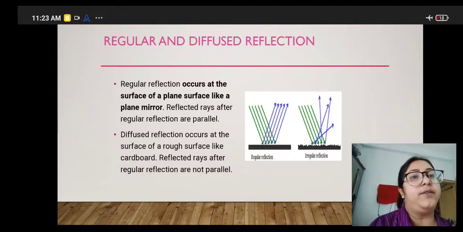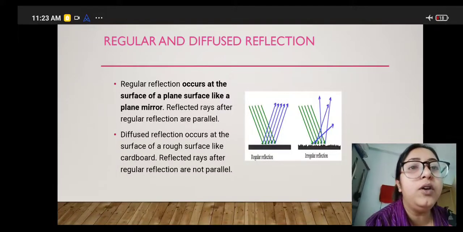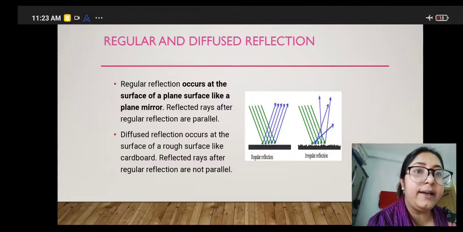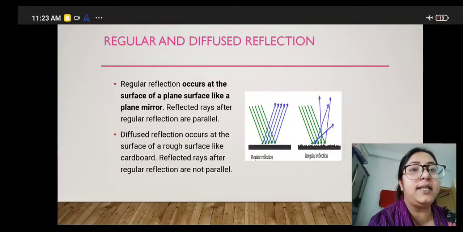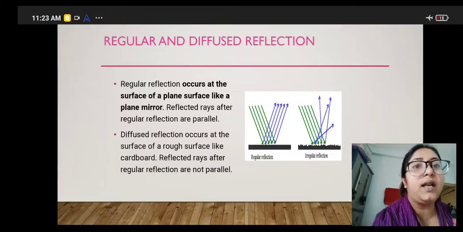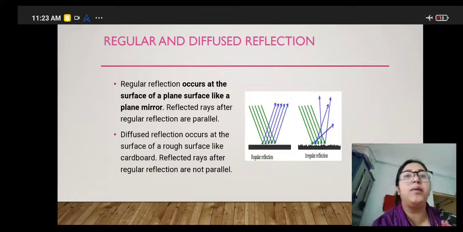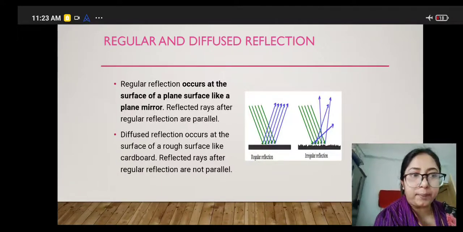That is why diffused reflection does not follow the law of reflection. Clear? Regular reflection is basically seen in a mirror. That is why we can see our image completely clear. And irregular reflection happens in certain rough objects where we cannot see an image and it gets completely disrupted.